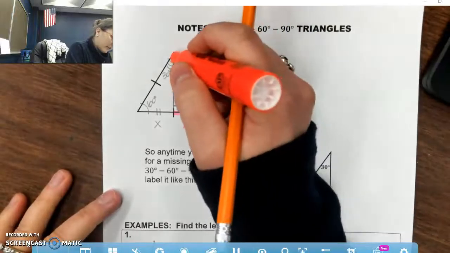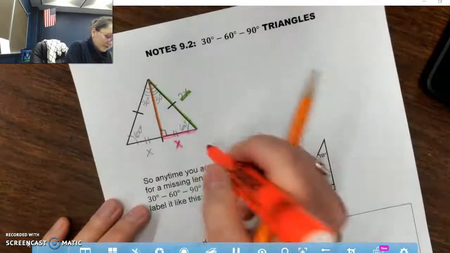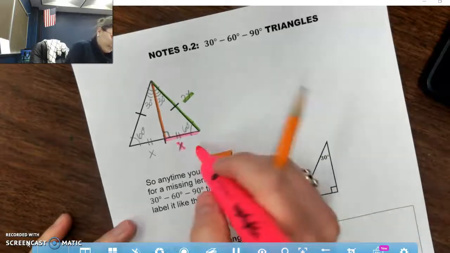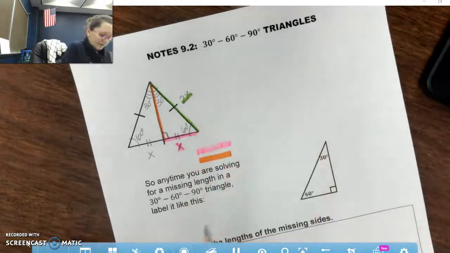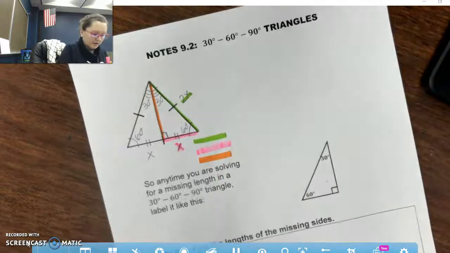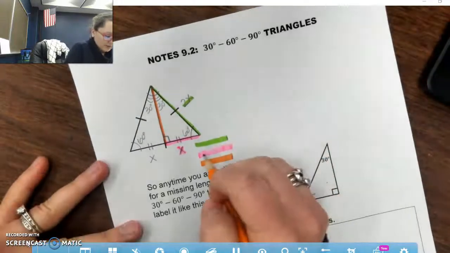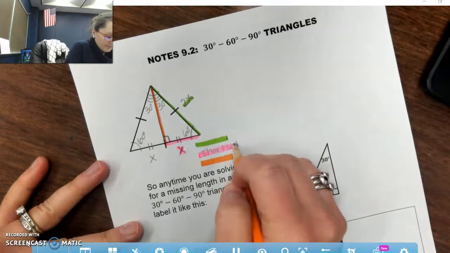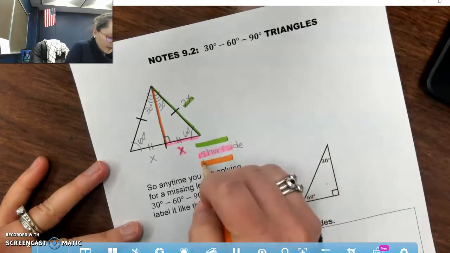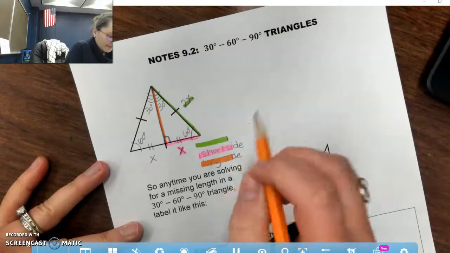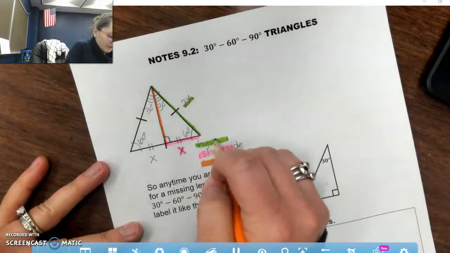And the long side, so I like to call those names, just helps us remember, because sometimes I get them mixed up, which is the long side, which is supposed to be X and which is supposed to be the other one. So pink is short side. Oh, I didn't do it long enough. This is long side. The orange is long side, and the green is hypotenuse.